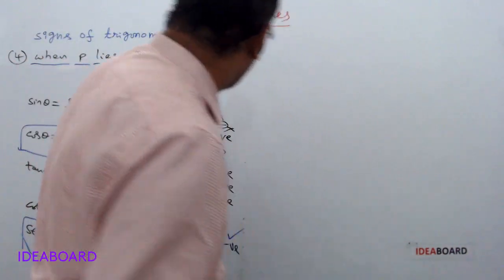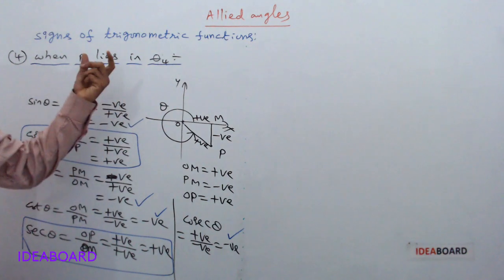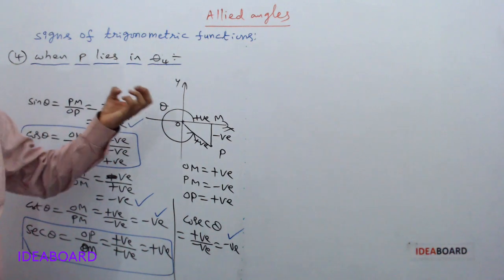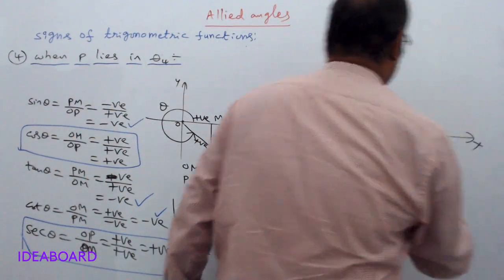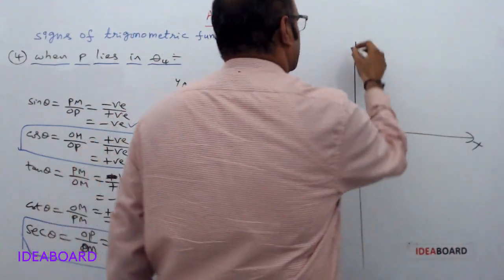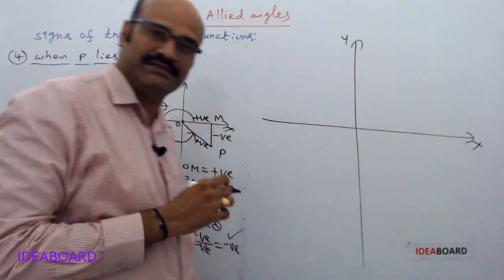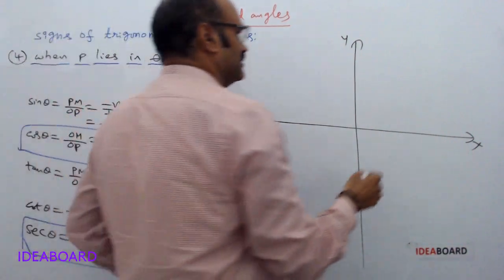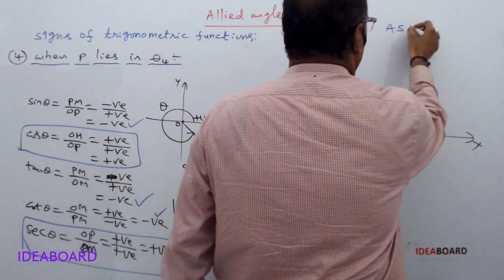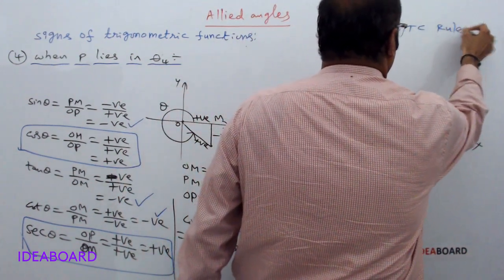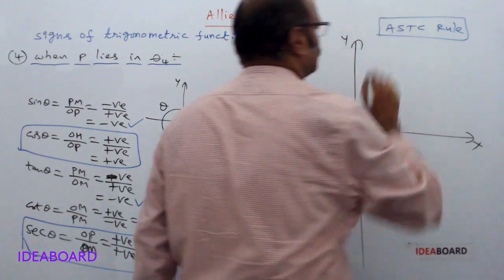So how to remember the signs of trigonometric ratios in different quadrants? Let me take the x-axis and the y-axis. We remember by the ASTC rule.